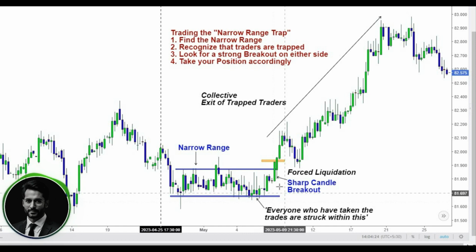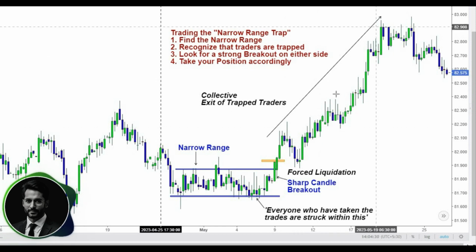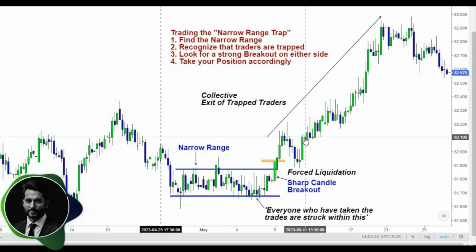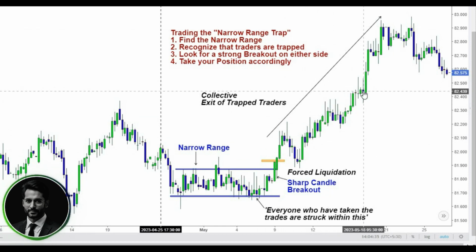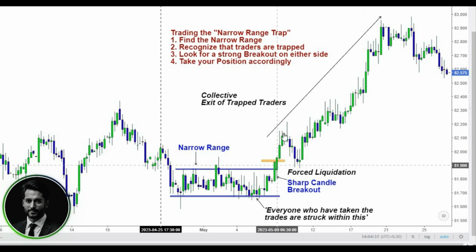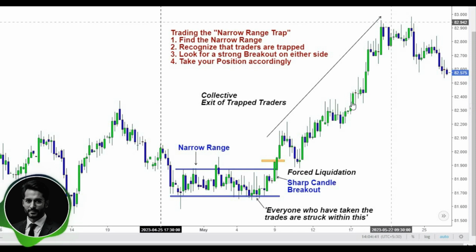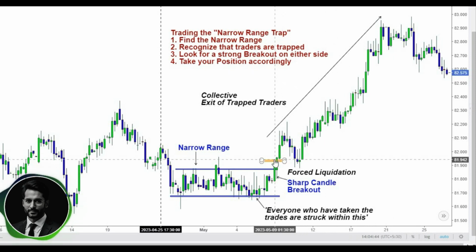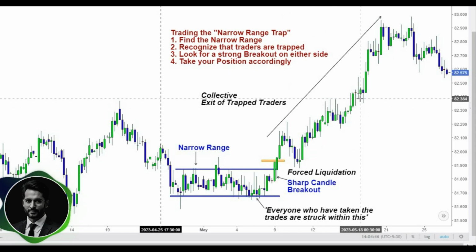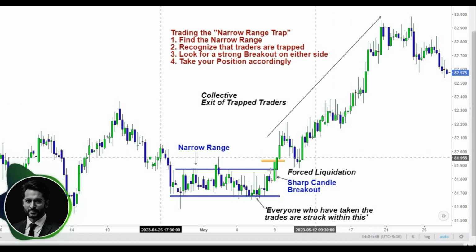Maybe I would have kept the stop loss just below this narrow range, or even below this candle, and I would have trailed my target. When the prices continue to go up, I would try to capture at least half of this move. I know it's not easily possible to capture the entire upside momentum you can see here, but at least we can capture half of this move.